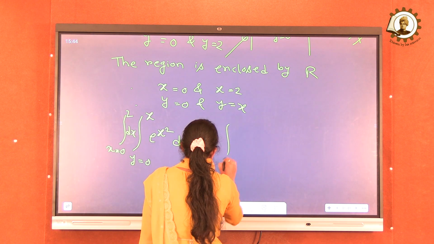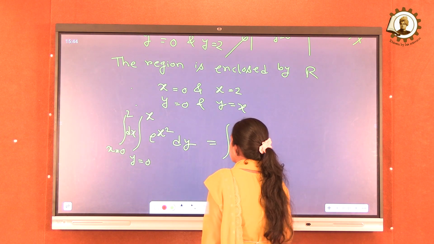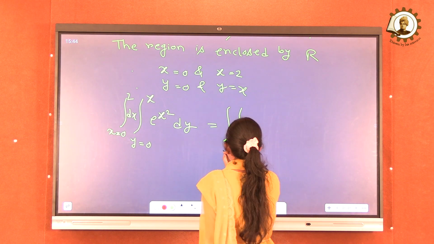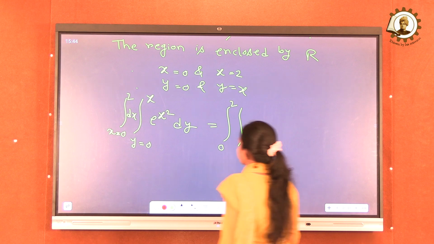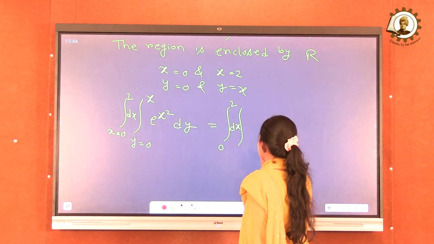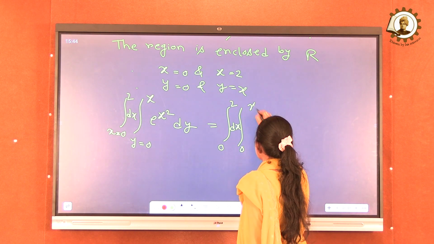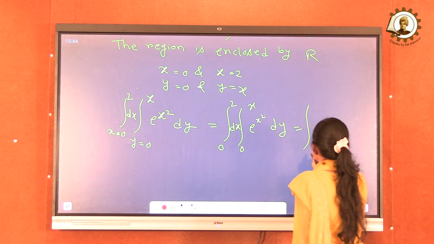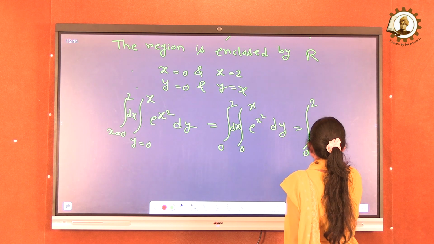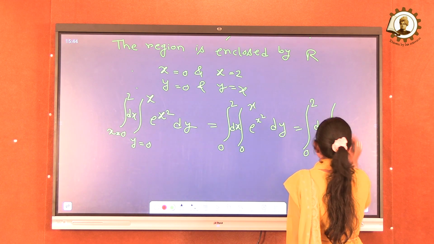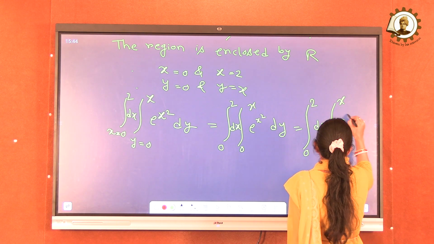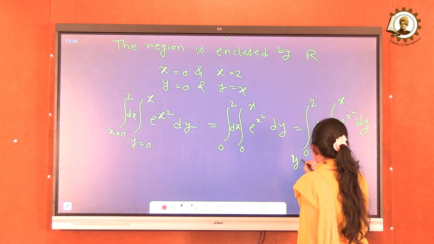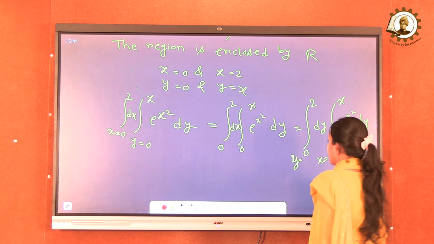So our integration after the change of order of integration is 0 to 2 dx, 0 to x e to the power x square dy. This is the limit of y and this is the limit of x.